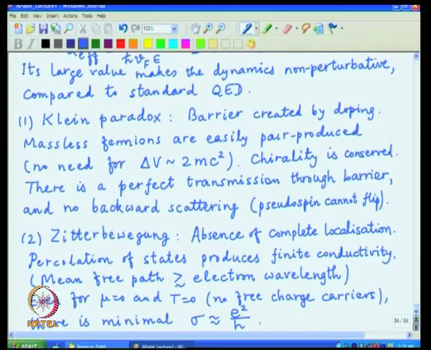And experimentally again this feature has been observed. One can measure conductivity of this particular magnitude. The feature that there is no backward scattering in case of a barrier, that also has been experimentally detected. So, these features are qualitative consequences of the Dirac equation, and they have indeed been seen.